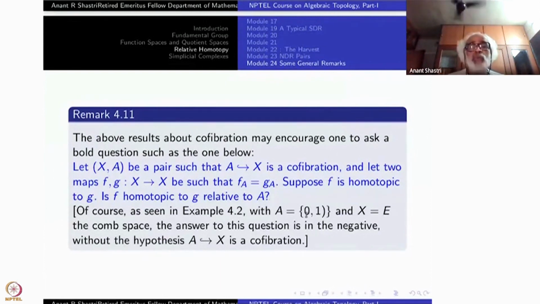Of course, without A being a cofibration, we know that this is not possible. All right. So under the assumption that A to X is a cofibration, will it be true? The answer is again negative. That's why I said it's a bold question, but the answer is negative.